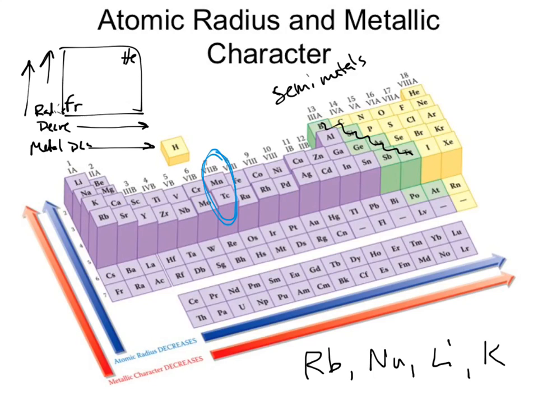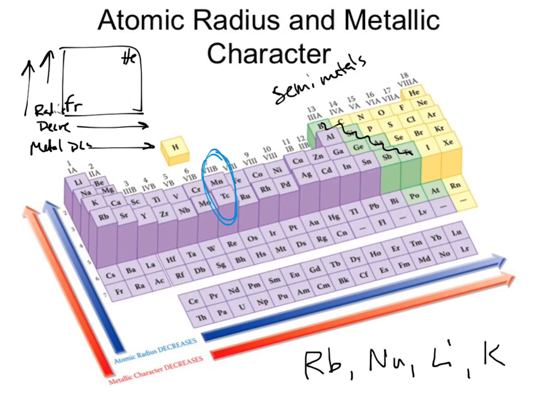Metal, semi-metal, non-metal. Which is more metallic, top or bottom? Bottom. So our lower left-hand corner is our most metallic. Our upper right hand is our least metallic. So that can help us see that transition in those trends as we move through the periodic table. Okay? Questions about those trends?